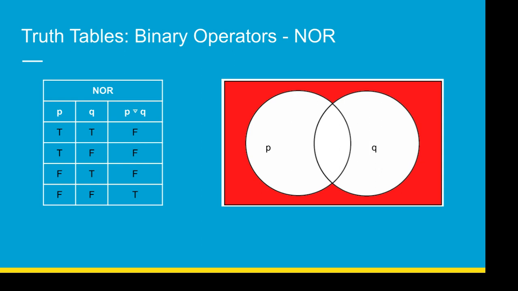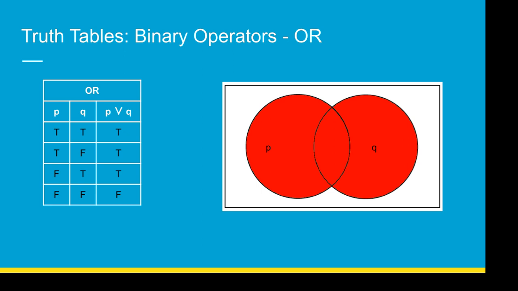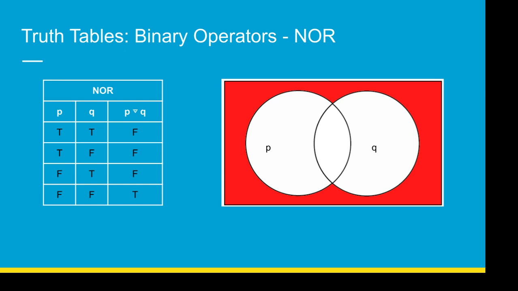So if we took the third column in the or truth table for P or Q, then we would just take the opposite for the negation. So wherever P or Q is true, it's going to be false for not or. So it's only true when both values are false.